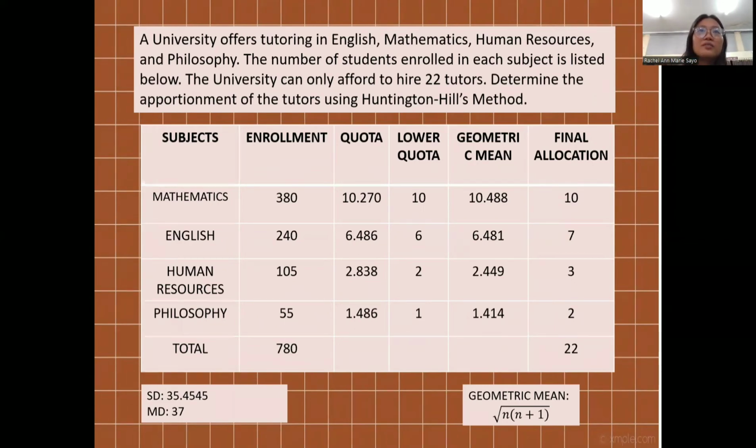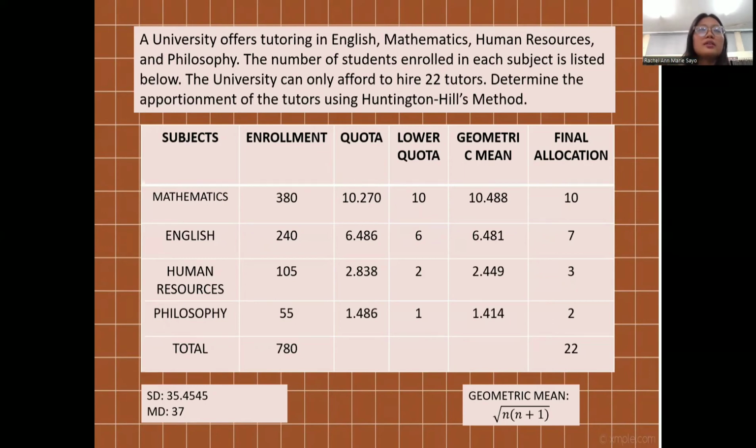The university can only afford to hire 22 tutors. Determine the apportionment of the tutors using Huntington-Hill's method. From the previous one, we had only 21 tutors, but right now we have 22 tutors. So using the Huntington-Hill method, we are going to determine the apportionment of the tutors.